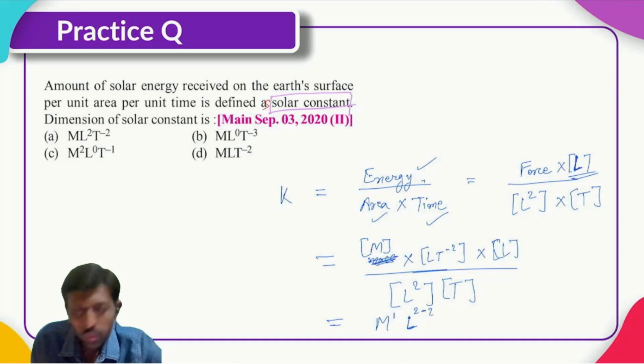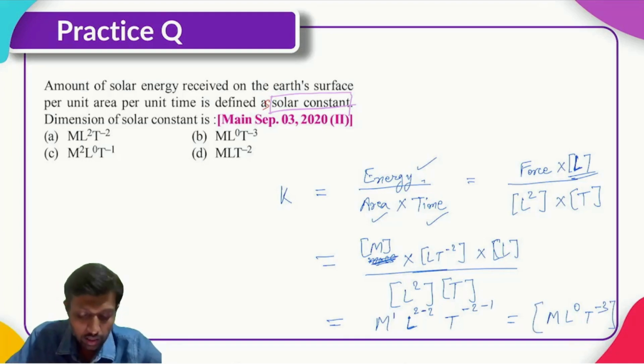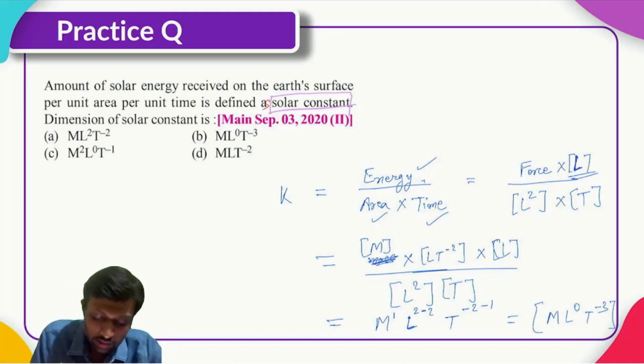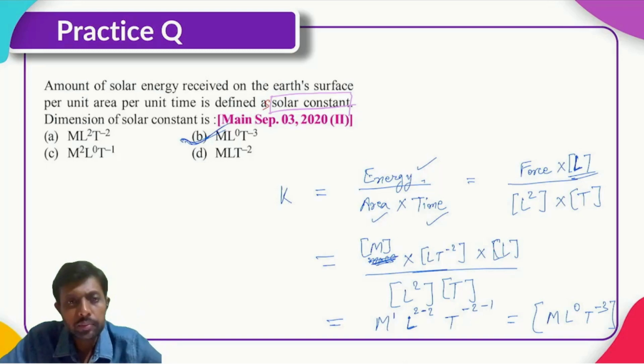So 2 minus 2, L to the power 0 is what we will get. What about T? T to the power minus 2 in the numerator, and there is 1 in the denominator also. So minus 3. So this is what we'll get: ML0 T minus 3. Which option is this? It's option number B. So that's our answer. Okay, simple.